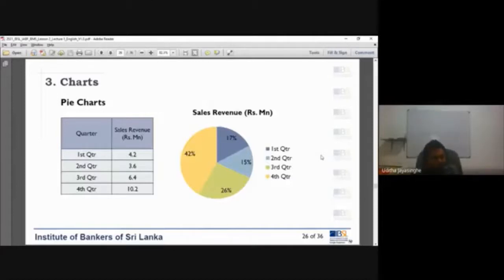But as long as you know your relative representation, you do the slicing, and as long as you write the number, you don't have to write the number of degrees in a pie chart. That's not really necessary, but the percentage is pretty much enough. If you look at the first quarter and second quarter, the first quarter has given 17% and the second quarter has given 15%.